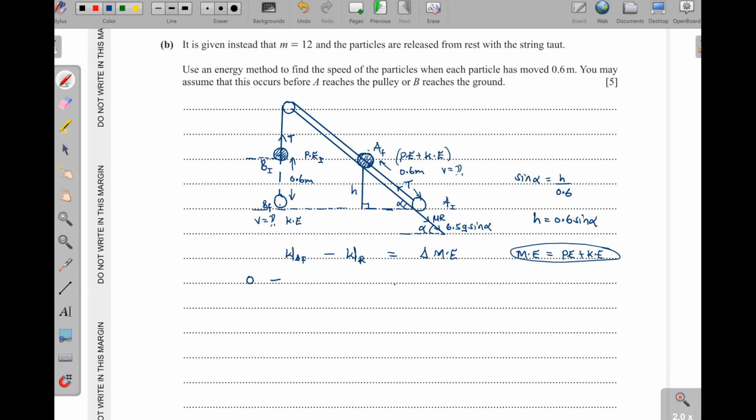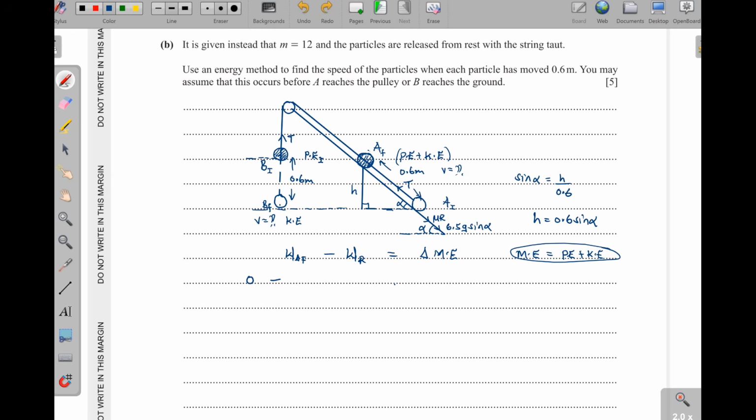Then minus work done against resistance. So you are supposed to get the resistance, then times, when you get the resistance, what do you multiply with? You are going to multiply with the distance traveled. So the distance here is 0.6.